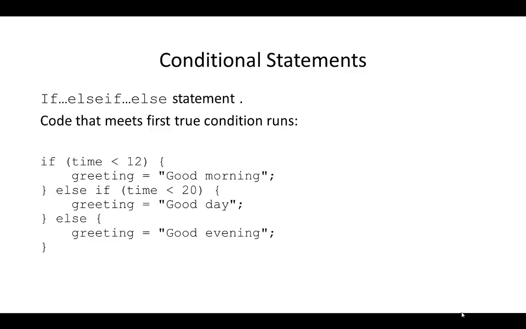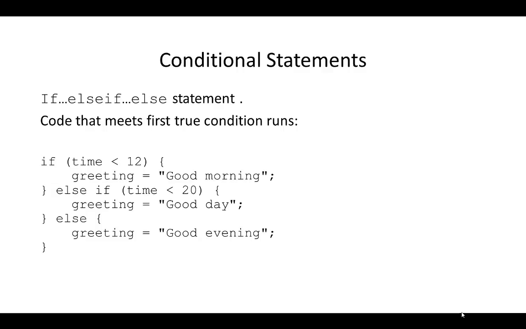But if it's 20 or greater, if it's anything else but the criteria that we have here, then I'm going to say good evening. So the code that's fired in this if else statement is the one that is met first that is true.